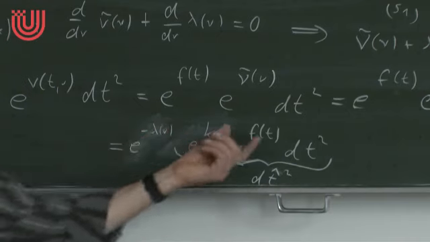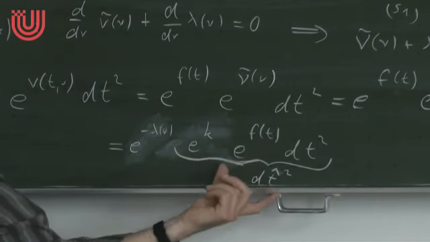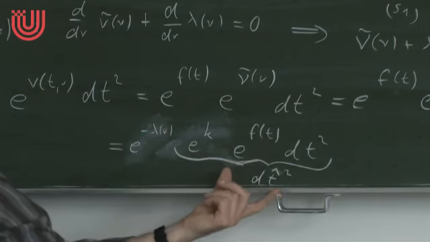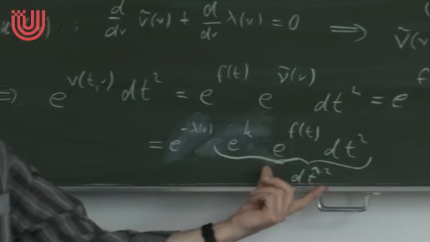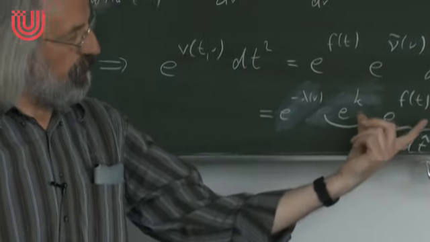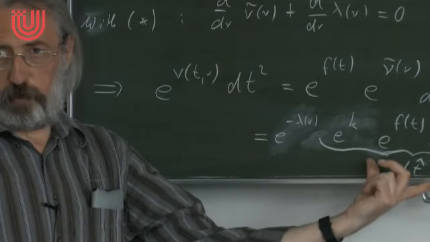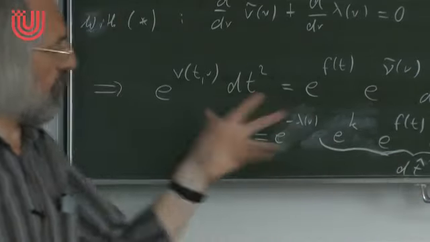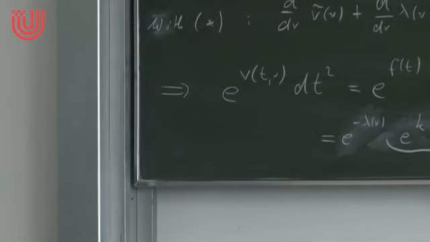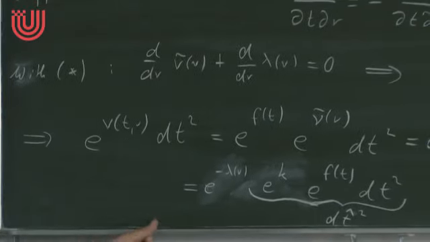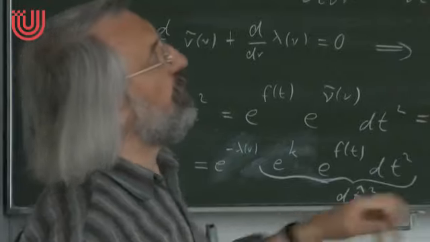If I have a function here which depends on t and r, then of course this doesn't work, right? This would not be a transformation just of one time coordinate into another. But as this depends only on t and not on r, I can make it into a new time coordinate. I just transform the time coordinate, leave everything else as it was, and then my metric becomes a simpler form.